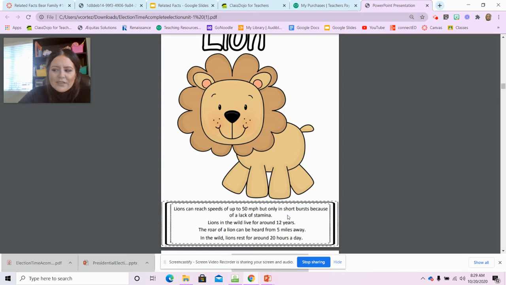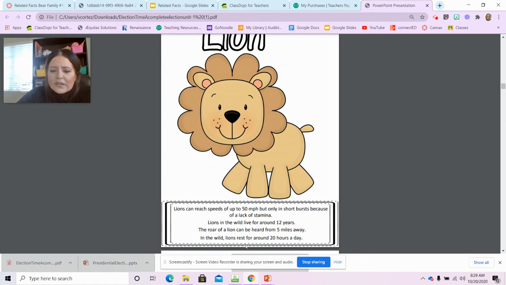They can run really fast, but only for a short period of time because then they get tired. Lions live in the wild for about 12 years. The roar of a lion can be heard from 5 miles away. So that means their roar is really loud.